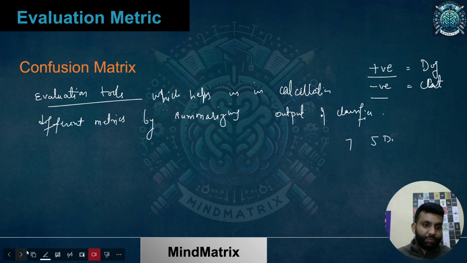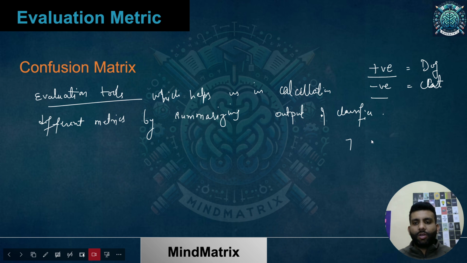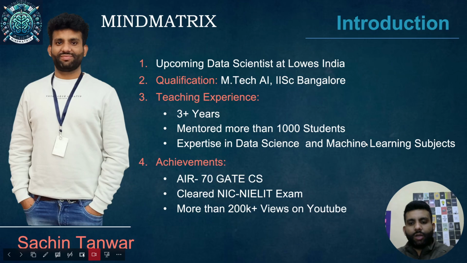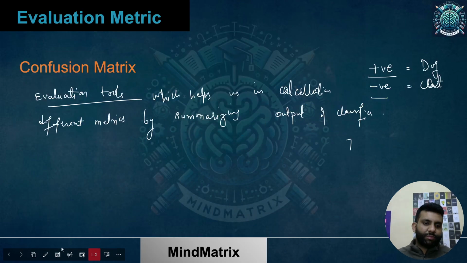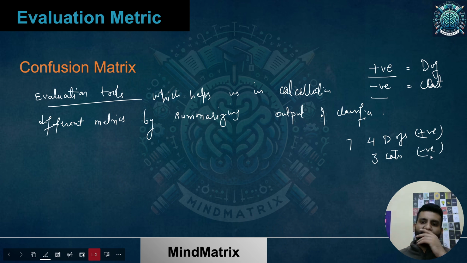So 4 and 3 was the total count for each of the class, positive and negative. So 4 of dogs, that means positive class I'm talking about, and 3 of cats, which is negative class. Okay, let's suppose something like this. And you remember the predictions. We'll just go through that.